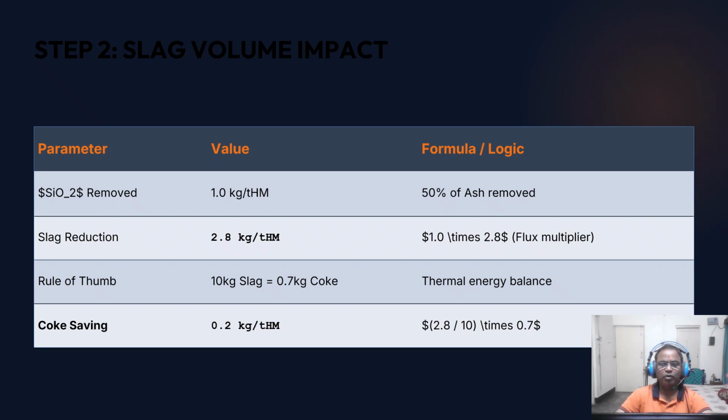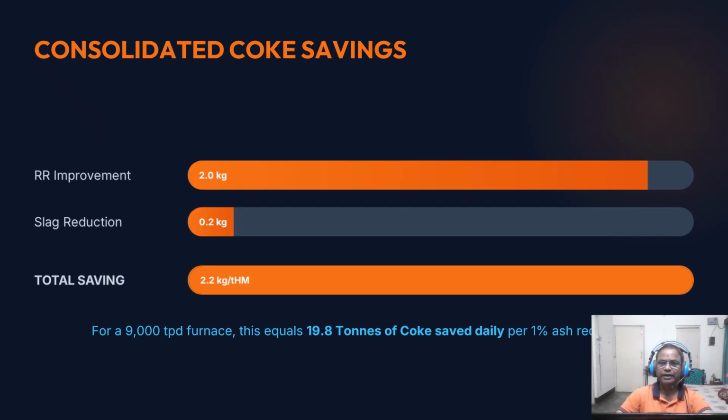Let us focus on the strategic macro impact, that is, on the productivity and OPEX. The strategic takeaways are profound. Lowering coke rates translates into multi-million dollar annual savings.